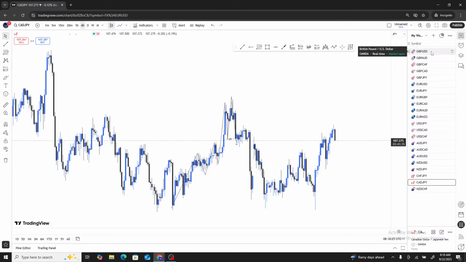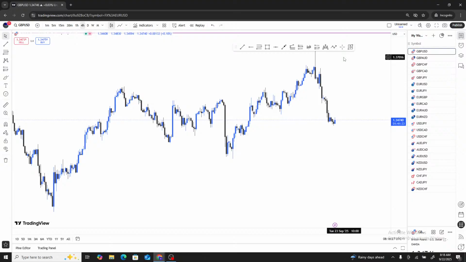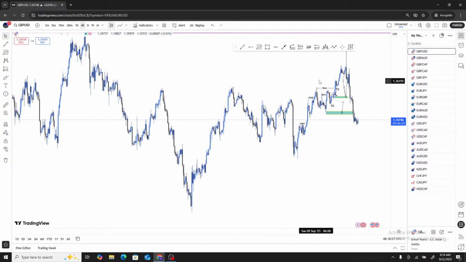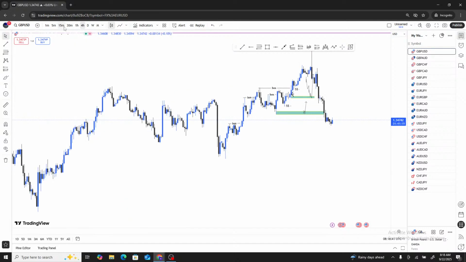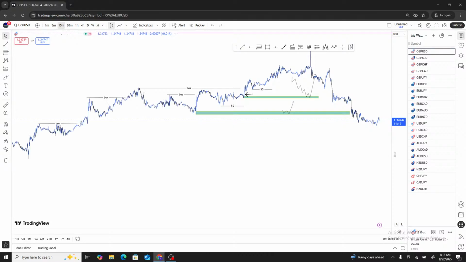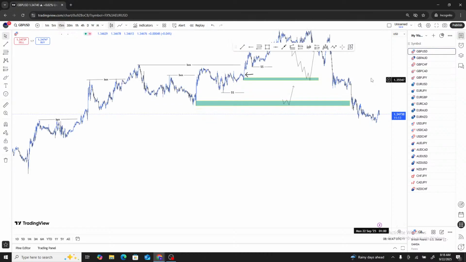So, this is GBP USD. As we can see, it violated all our levels. There was no confirmation entry when price got to our other blocks.